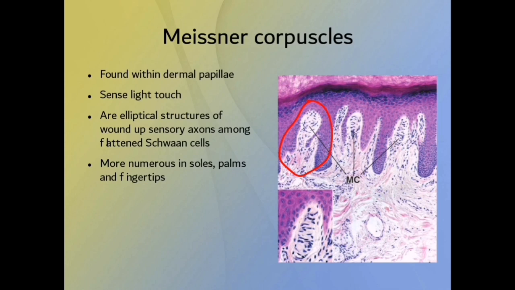As you can see in this picture, they are elliptical structures consisting of wound up sensory axons and flattened Schwann cells. Our Meissner's corpuscles are more numerous in the soles, the palms, and the fingertips. These are associated with recognition of the texture of an object. That's where we mainly find them, in the soles, palms, and fingertips.